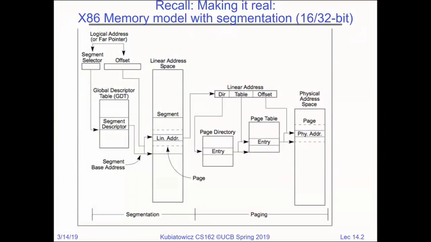But before we get to Pi, which we will, I wanted to briefly recall what we were talking about last time, and I decided to make it real by showing you the full-blown x86 memory model with segmentation. The things I wanted to point out is, number one, the segment selector actually doesn't come from the address, it comes from the instruction. So what you see there is a move instruction using the GS segment.